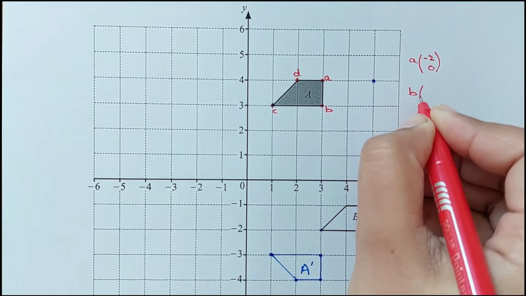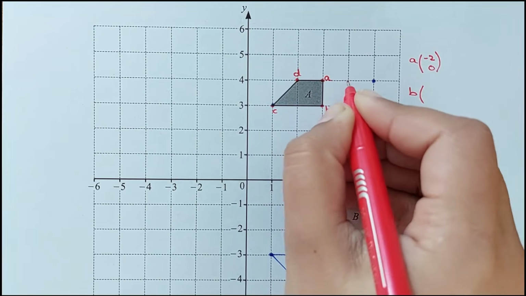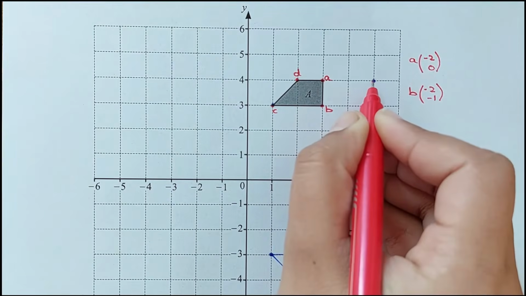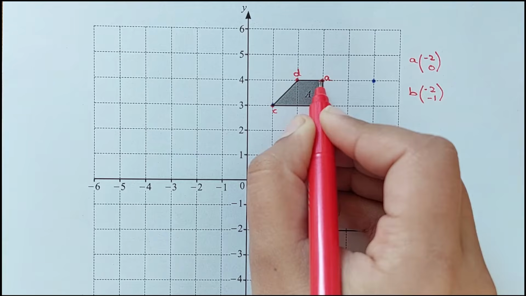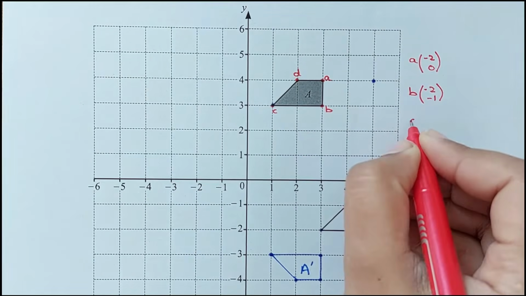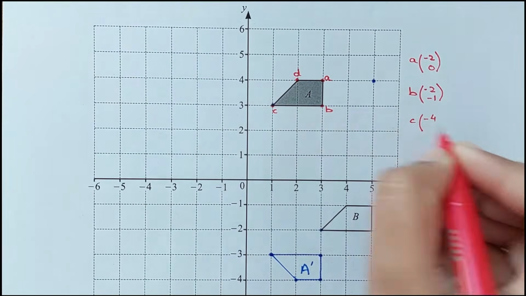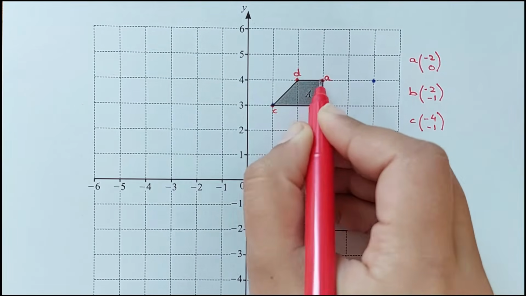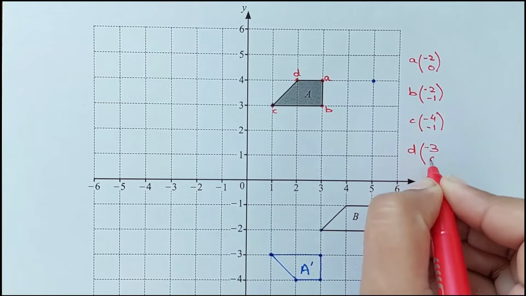Now let me find the coordinates for B. 1, 2, and 1 down. So minus 2, minus 1. For C, 1, 2, 3, 4. 4 to the left and 1 down, minus 1. And for D, 1, 2, and 3, negative 3 and 0, right?